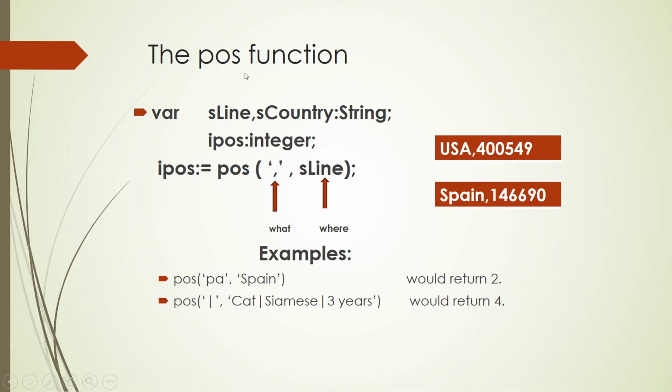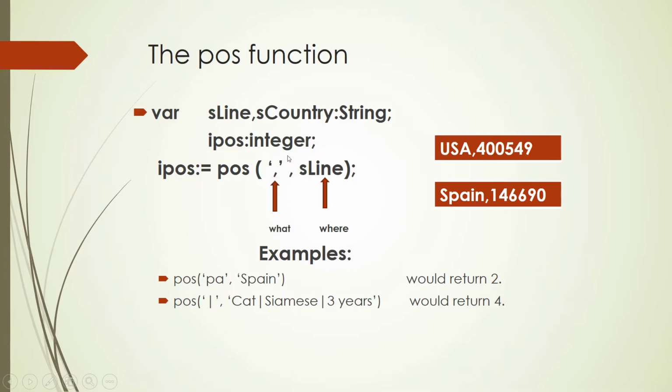So the first string function that I'm going to be doing revision on is the pos function. I've created variables, and I'm going to be using sline, and I've created variable ipos, which is of data type integer. So what does pos do?